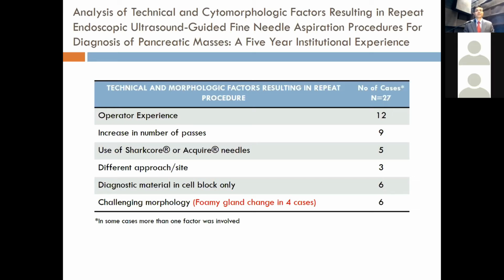Of the several causes listed here, in 6 cases it was the challenging morphology that resulted in repeat procedures. Out of these 6 cases, 4 were adenocarcinomas with extensive foamy gland change, which highlights the very bland nature of this entity that can lead to diagnostic difficulties and delayed diagnosis.